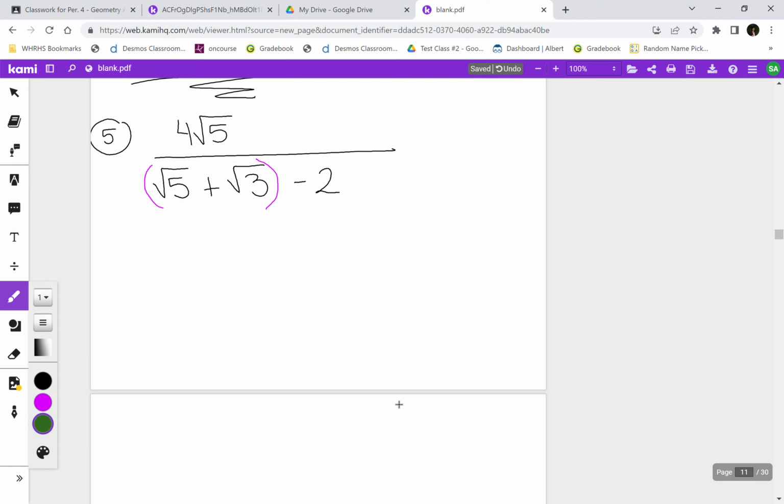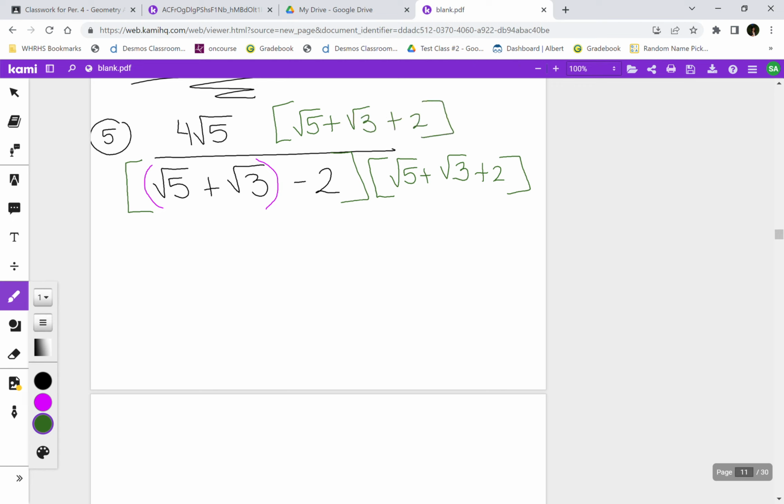So I'm going to take this whole thing and multiply it by the root of 5 plus the root of 3, and then what do you think? Plus 2. All right, now we're going off.